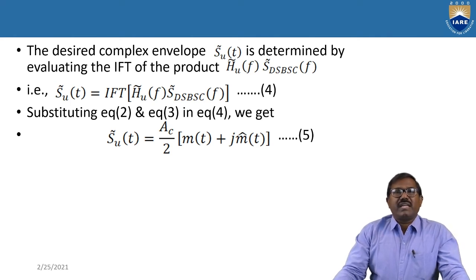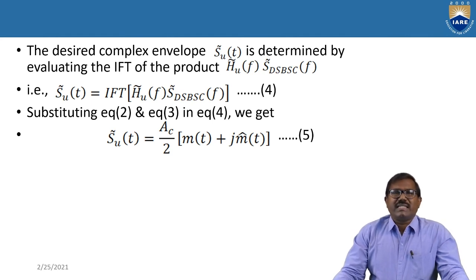How to get it? Just the inverse Fourier transform of two responses. One is the low pass filter response and the other is the complex envelope of DSB-SC. So we are going to substitute equations 2, 3 and 4. Already written, H̃_U(f) is half of 1 plus sgn(f), and the other is the DSB-SC, that is Ac M(f).